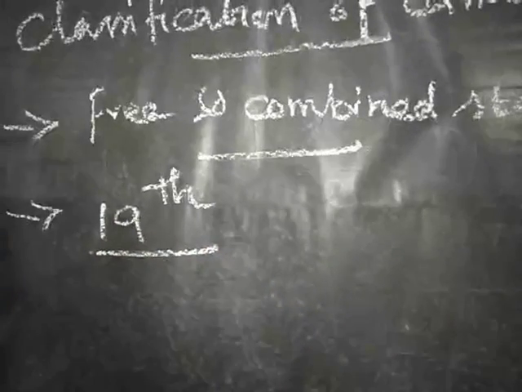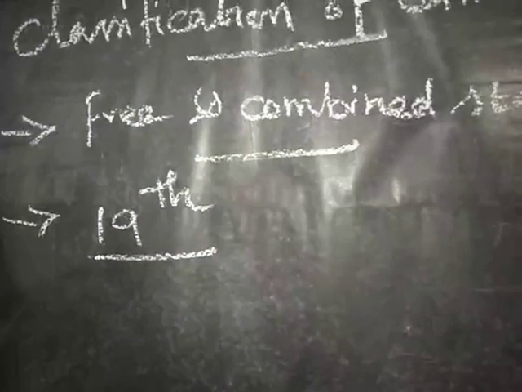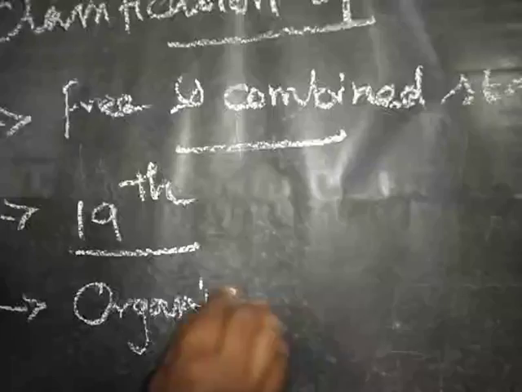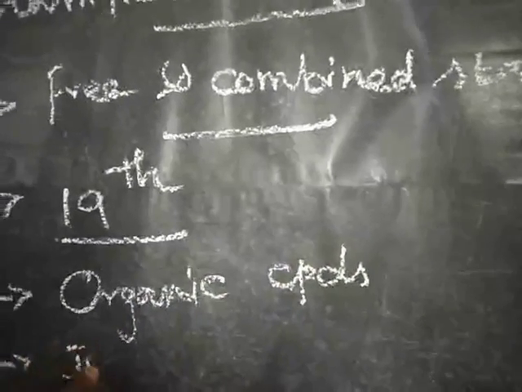In prehistoric periods, the ancients used to manufacture coal by burning organic materials. In the middle of the 19th century, Berzelius classified carbon compounds based on their sources.